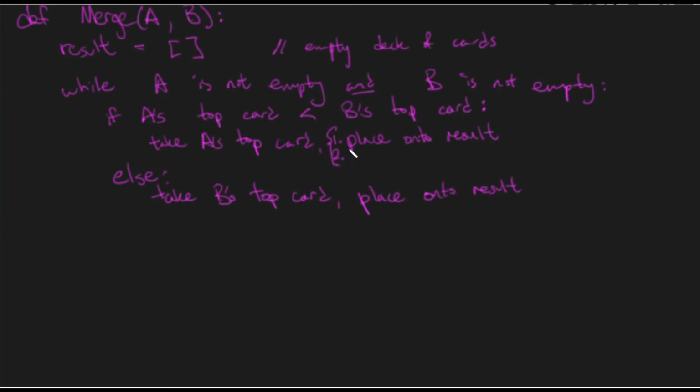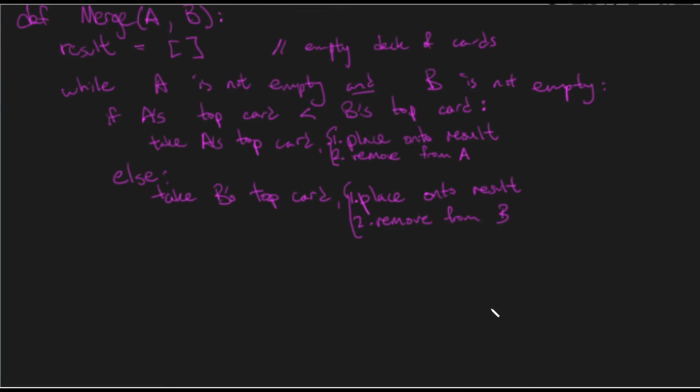Our second step would be to remove that top card from A. Likewise here, if we take the top card of B, we're going to place that card onto the result, and then we're going to remove that from B.